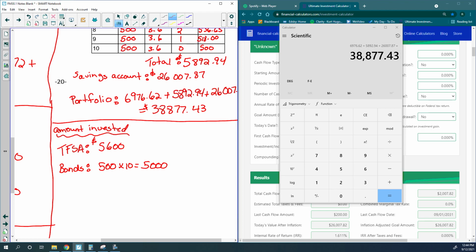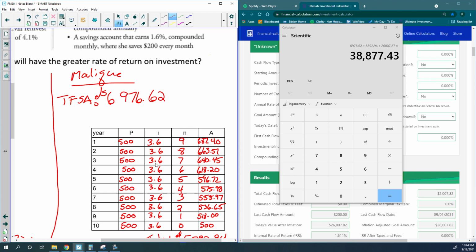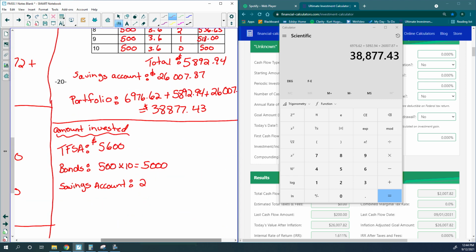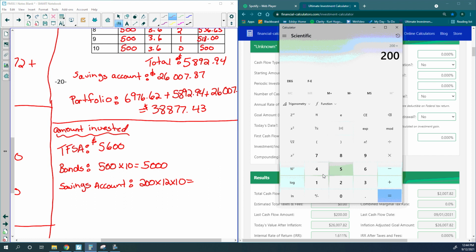And then the savings account, it was $200 every month for 10 years. So that one, she invested $24,000.